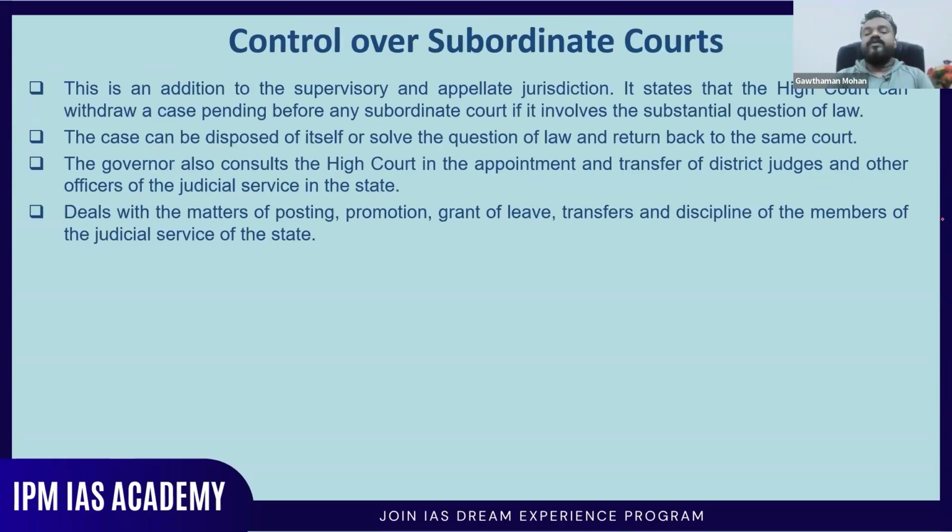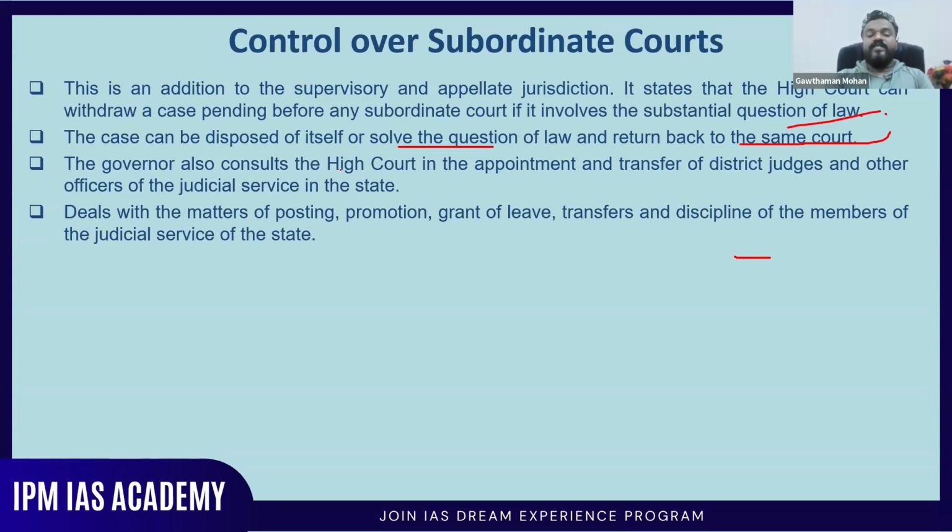Control over subordinate courts. This is in addition to the supervisory and appellate jurisdiction. It states that the High Court can withdraw a case pending before any subordinate court if it involves a substantial question of law. Very important. If it involves a substantial question of law, definitely they can intervene. The case can be disposed of by itself, or it can solve the question of law and return it back to the same court.